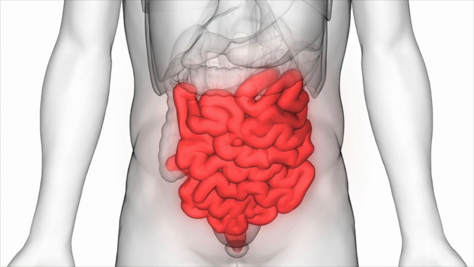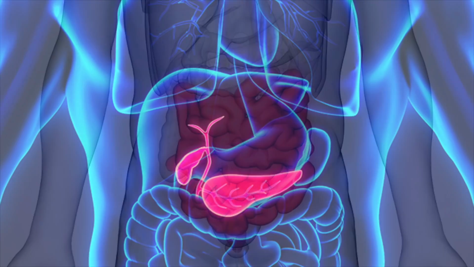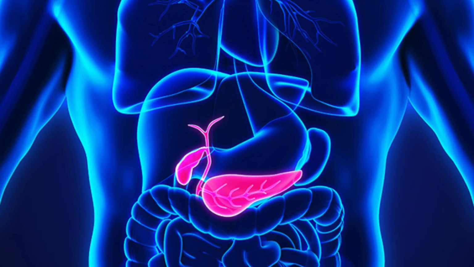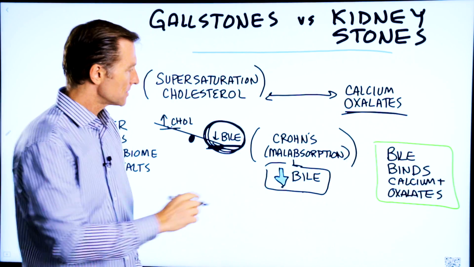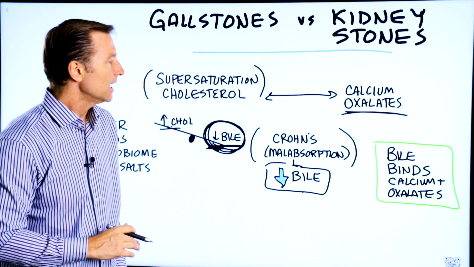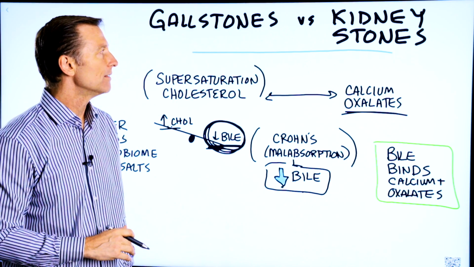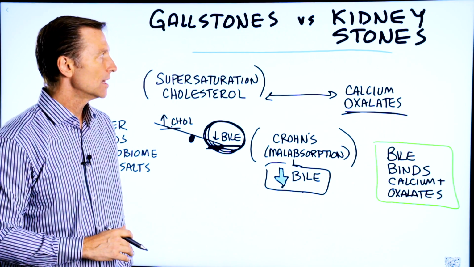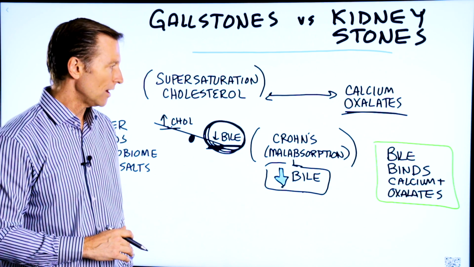If your intestine is damaged, you're not going to recycle that, so you're going to be deficient in bile. And what's interesting about Crohn's and different types of malabsorption problems is that there is a high risk of not just gallstones, but kidney stones as well.